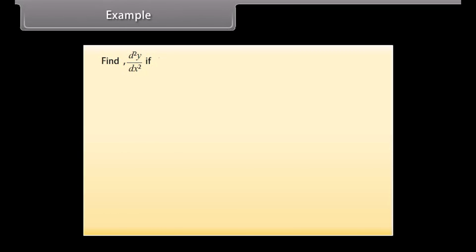Example: find d2y by dx square if y is equal to x cube plus 5x square plus 19. Solution. We have y is equal to x cube plus 5x square plus 19.